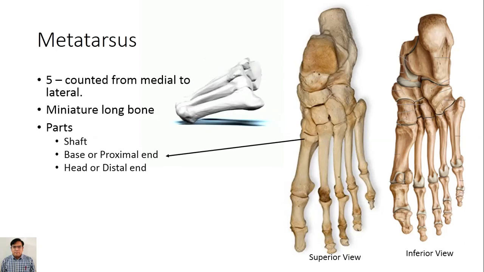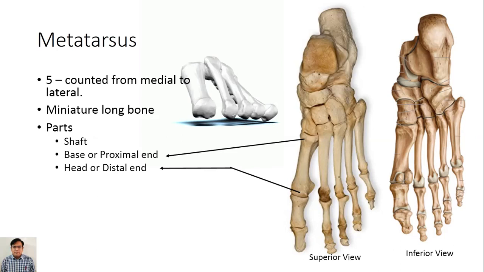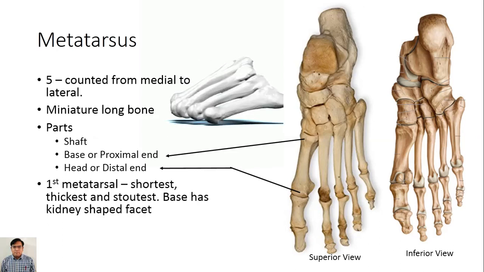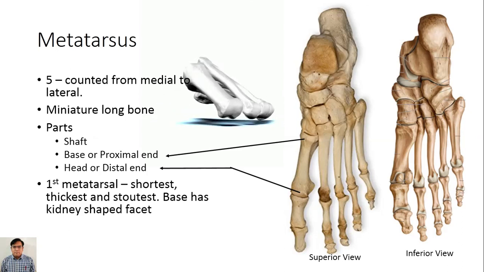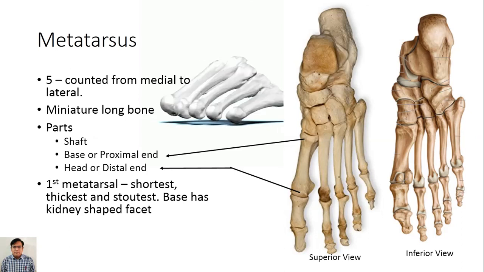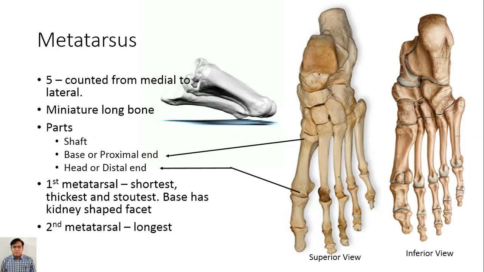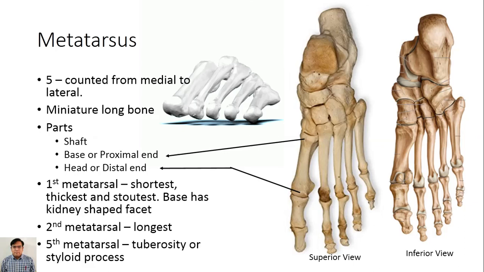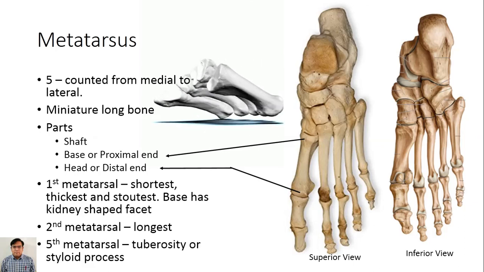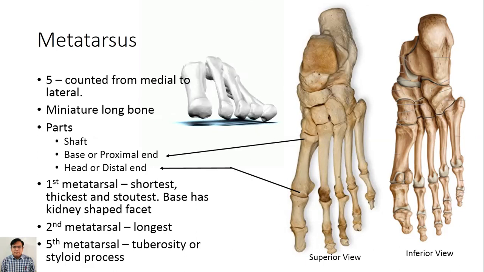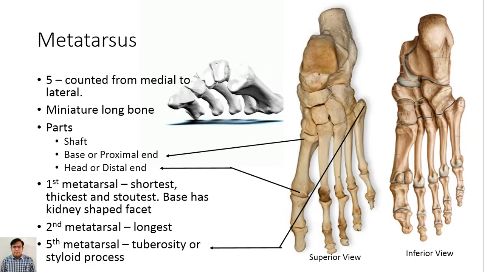So, this is the base and this is the head, and in between these two is the shaft. The first metatarsal is shortest, thickest and stoutest. Its base has a kidney shaped facet. The second metatarsal is longest as shown in this photograph, and the fifth metatarsal has a tuberosity or styloid process. So, this is the styloid process of the fifth metatarsal.